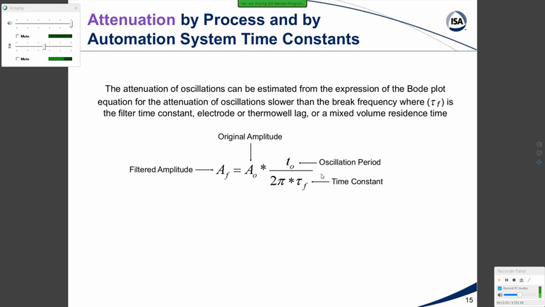You can use this simple equation, which is a Bode plot equation that becomes simpler because the time constant is considered to be greater than the oscillation period. And it's a way of understanding what the original amplitude is. It's also good for understanding the value of mixed volumes that are going to smooth out oscillations.